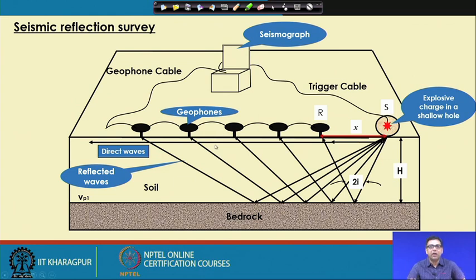Now, why it is called seismic: because when there is an earthquake, different types of waves are generated. There are mainly two types of waves generated. One is the body wave, another is the surface wave.